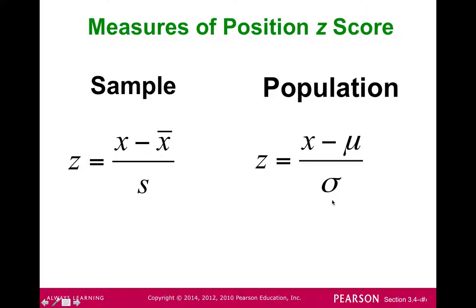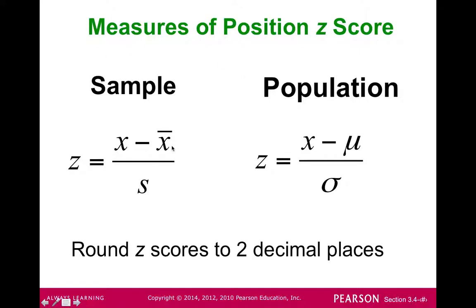It's the same thing really for the population, except the symbols are different because here you have mu, which is the mean of the population, and then you have sigma, which is the standard deviation of the population. But again, we're not focusing so much on population statistics, but on sample statistics.